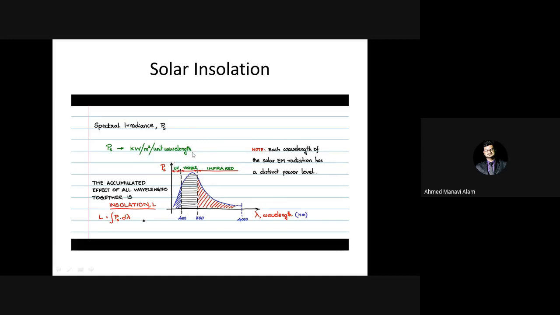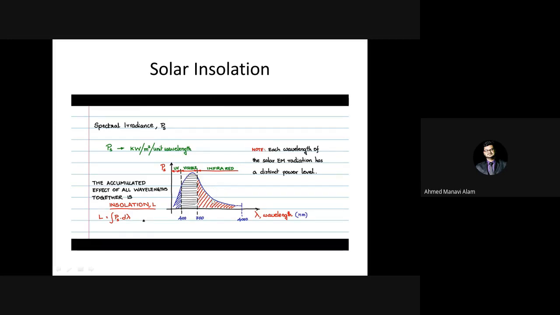Wavelength means হলো তরঙ্গ দৈর্ঘ্য. What does wavelength mean? Each energy band has certain wavelengths. Suppose there are wavelengths for the UV, there are wavelengths for the visible ray, there are wavelengths for infrared. For each of these wavelengths you will get individual power.